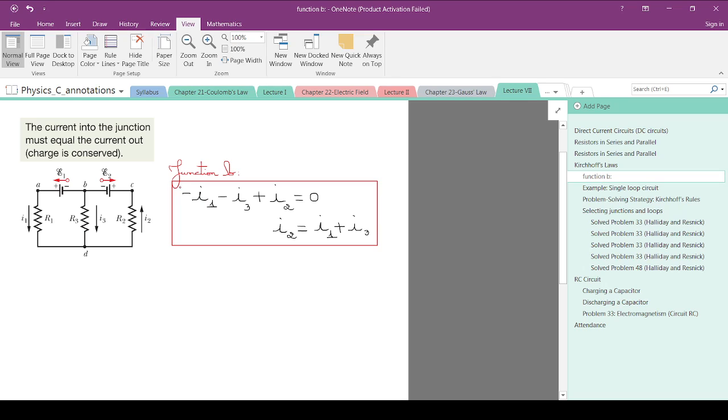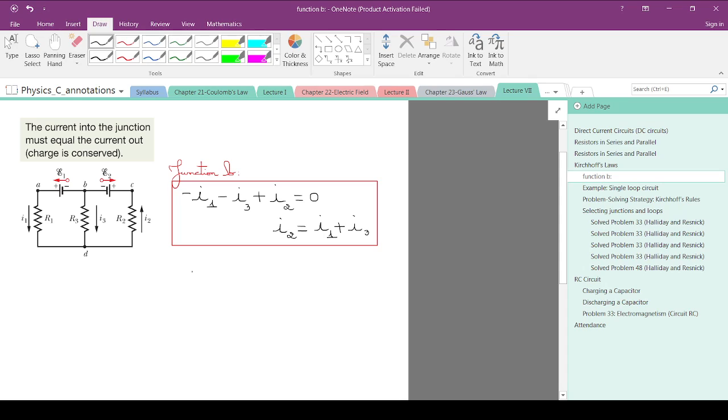If you write the equation for junction B, and now you write it for junction D, you're going to realize that for junction D you have I1 entering, so it's positive I1, plus I3, and this one is going to be leaving, so negative I2, equals 0. This is for junction D.